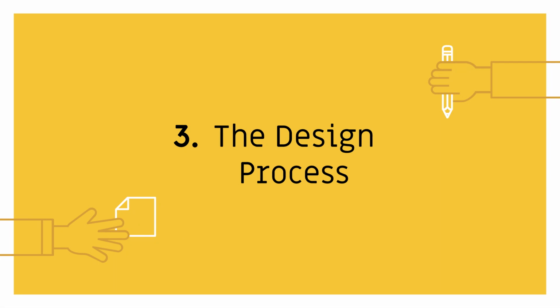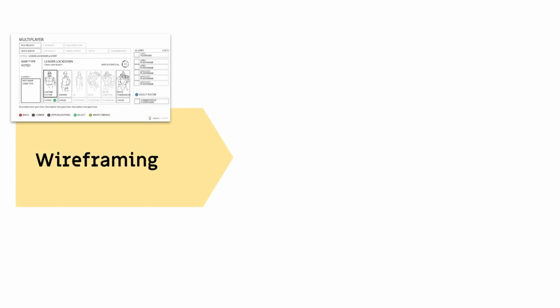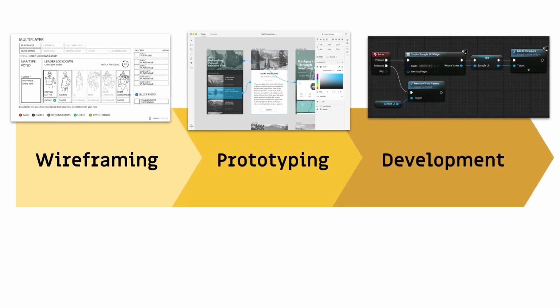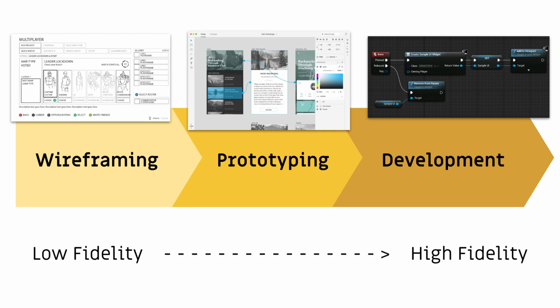So the design process of a game UI designer typically would go like this. You have wireframes, and then you would do prototyping, and then you would develop your UI so it's in the game, right? So there's this concept of low fidelity to high fidelity UI. Low fidelity typically means that you're working on a much simpler level.